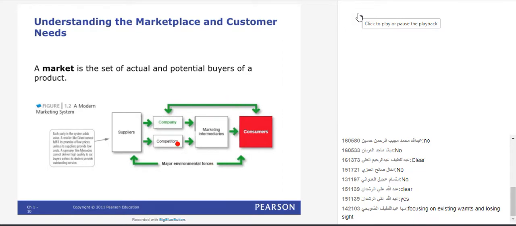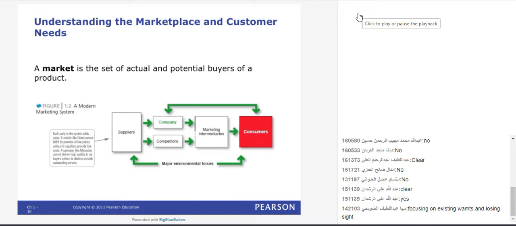He could get this from a competitor. Of course, suppliers are providing supplies to either our company or competitor, to marketing intermediaries, and then to the consumer. So this figure illustrates the whole market and how the market system is operating.